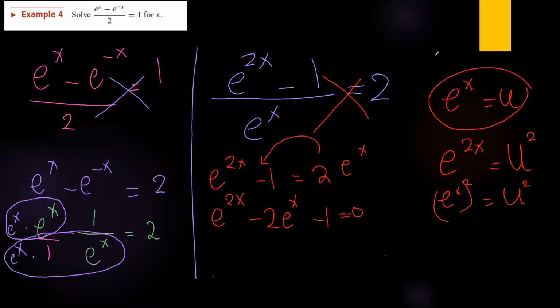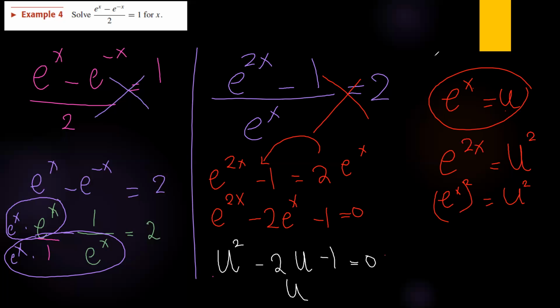Yes, teacher. Then e to the power 2x, I write it as u squared minus 2, and instead of writing e to the power x, I write it as u, minus 1 equals 0. So here we have u squared minus 2u minus 1 equals 0. It is a quadratic equation.